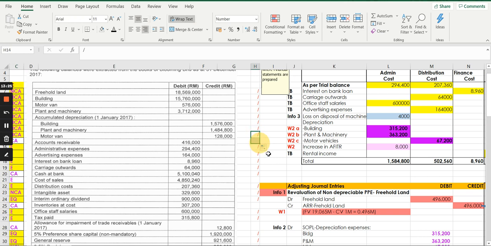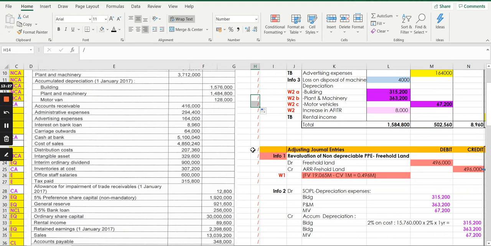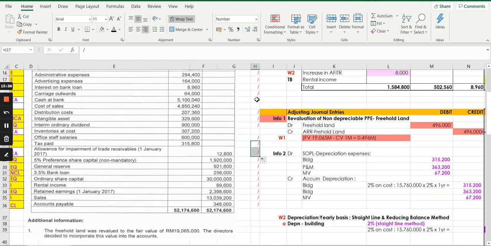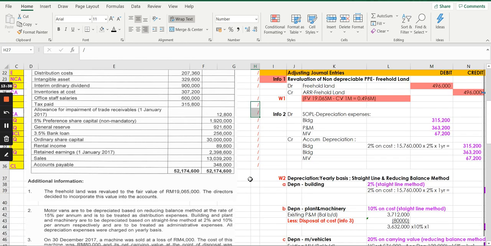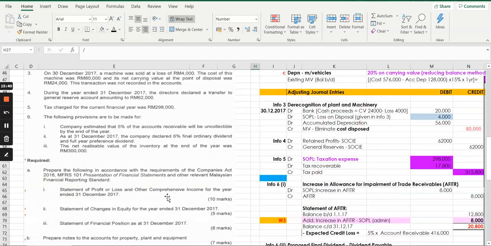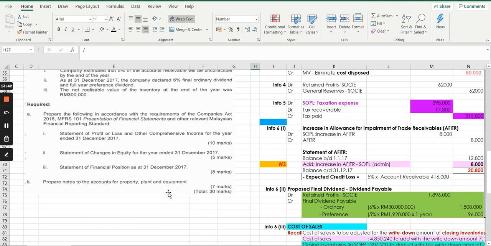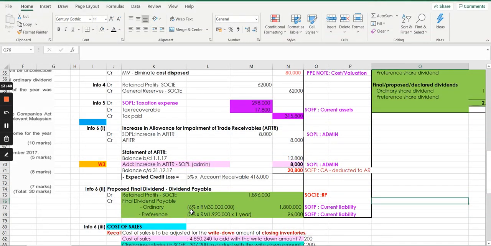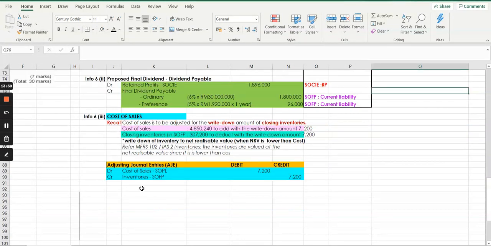We have done for our receivable, and we also have done for our allowance for impairment. You can see that all items that we did, we have checked thoroughly. Tedious work is worth it if you can get good marks, right? But make sure you do it fast. This is a tutorial session, of course I'm doing it slow, right?